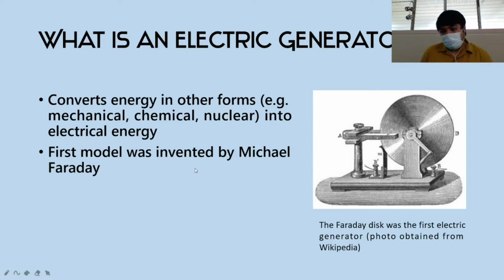So, a brief introduction of an electric generator. As its name implies, it generates electricity, but it does not produce electricity per se; rather, it converts other forms of energy, mainly mechanical, chemical, particularly in the form of the combustion of fuel or fossil fuel, and the most recent among the first two that I've mentioned, nuclear energy, into electrical energy.